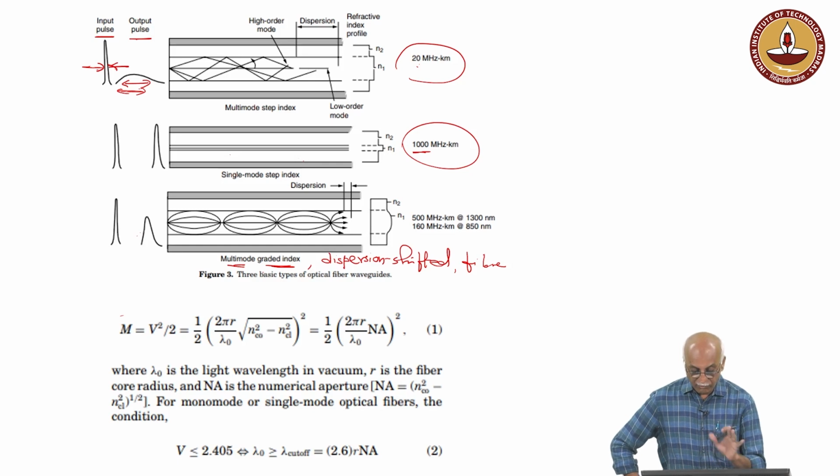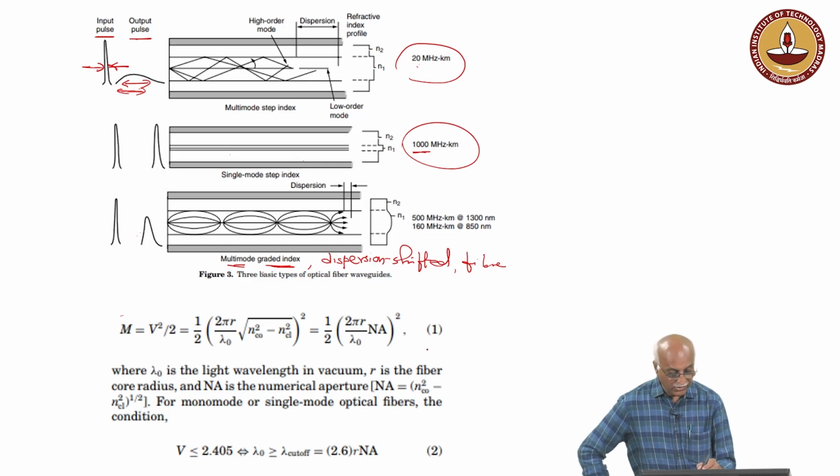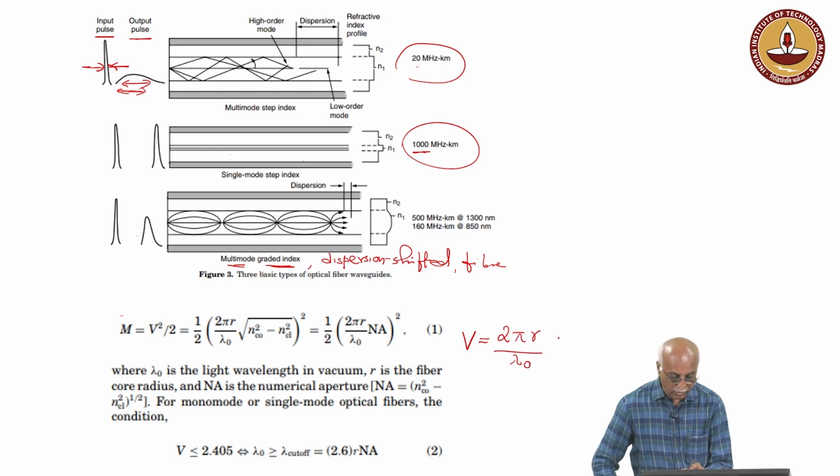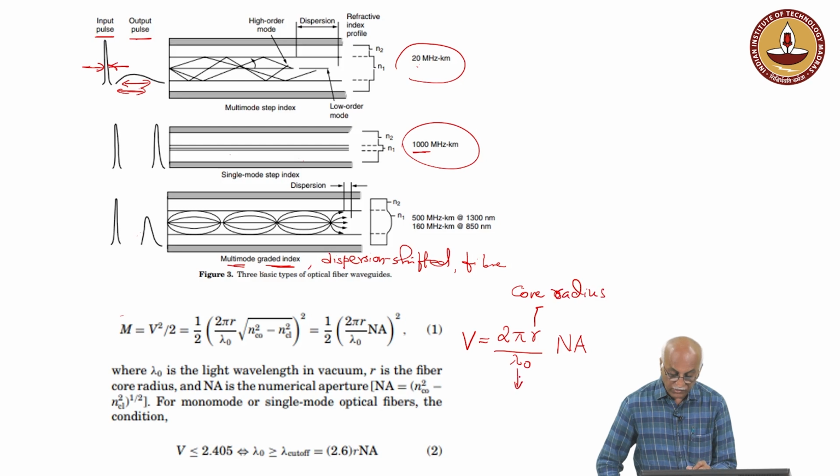However, for us V is nothing but 2 pi r divided by lambda 0 into numerical aperture, where r is the core radius and lambda 0 is the wavelength of the electromagnetic wave.